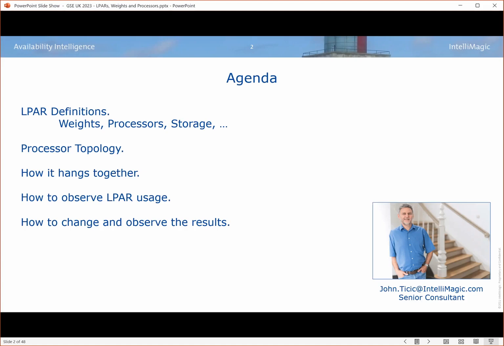We want to look at the usage of an LPAR, the resources, not only how much is being used, but how efficiently they're being used. And then we want to look at, okay, what happens when we change it? Firstly, how do we change it? And what are the results? What are our expectations? And what is our target?